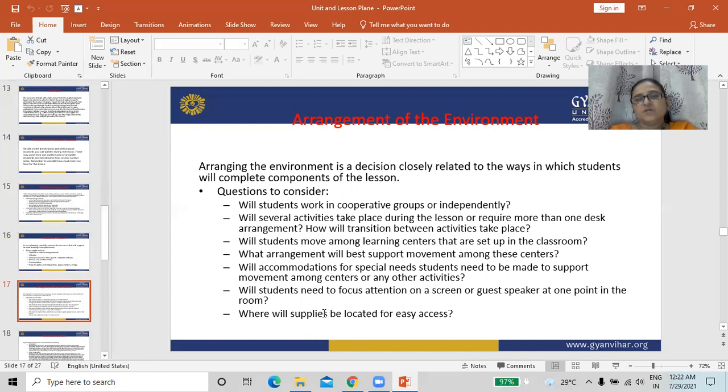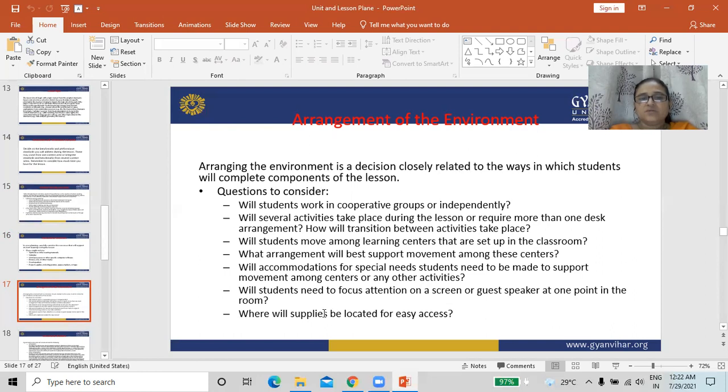Arrangement of the environment. Arranging the environment is a decision closely related to the way in which students will complete components of the lesson. Questions to be considered when arranging the environment: Will students work in cooperative groups or independently?